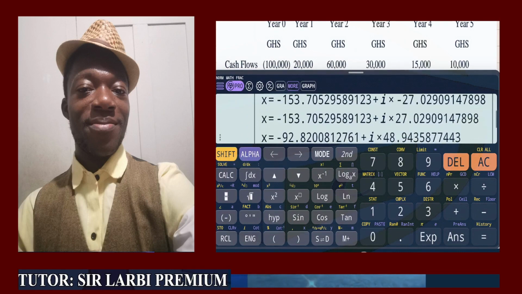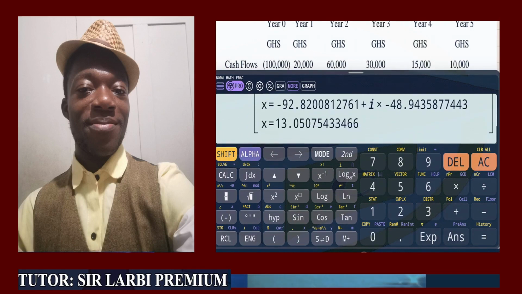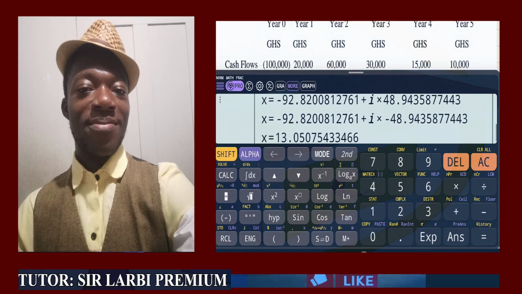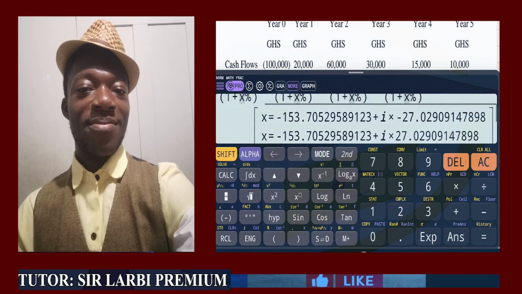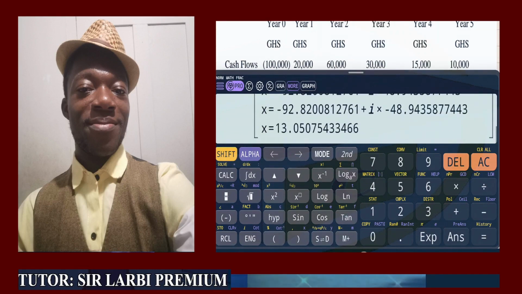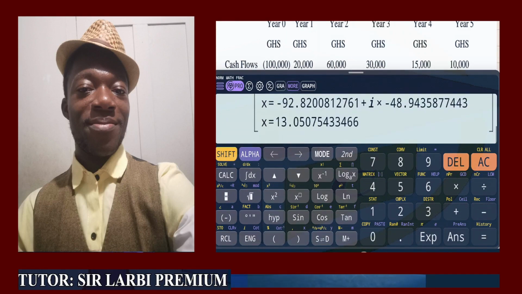So being the result that we are having here, you realize that we are having a number of x values, but we are interested in a positive value of x. So here we are going to go for the last x value, which is x equal to 13.05.